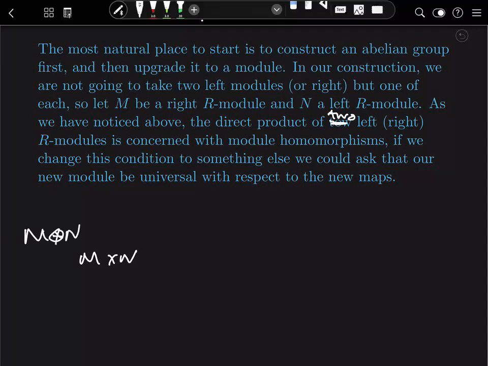When we're looking at the direct product M cross N, we're really looking at module homomorphisms that go out from M cross N. And these are just going to be morphisms of the form phi sub M plus phi sub N. This comes from the coproduct, since the direct product satisfies both the product and coproduct universal properties.